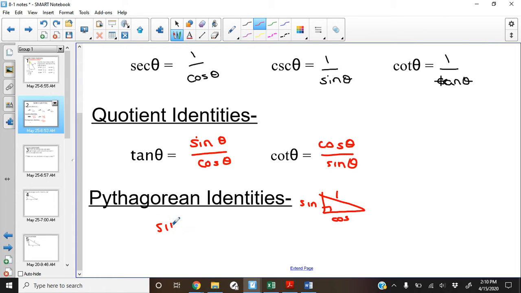And that is your basic Pythagorean identity. And the rest follow from manipulating that equation. So for example, you can divide everything by sine squared of theta, and then you would get the next one. And then you could divide by cosine squared of theta and get the next one, and so on and so forth. But this is the main one that you're going to be working with.